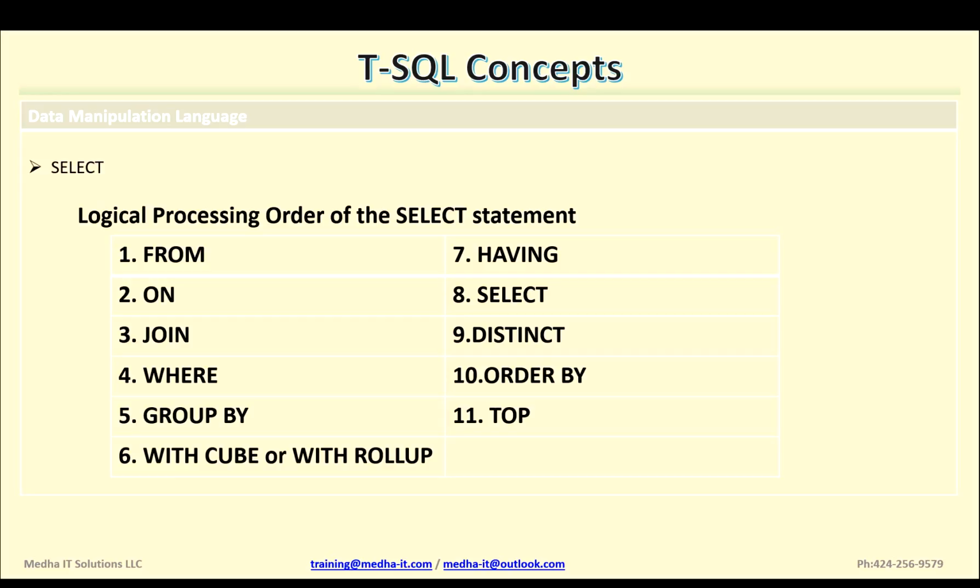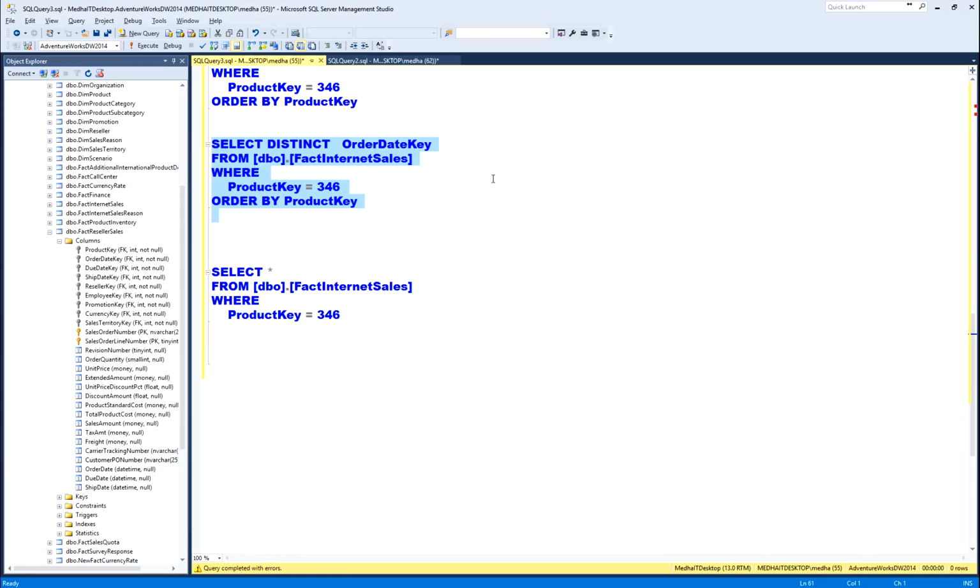So first, whenever we run a select statement, the first thing that gets executed is the from clause. Irrespective of which column you want, how the column should be derived and what kind of filtering you want to use, the first thing SQL Server does is look at what table you want to access.